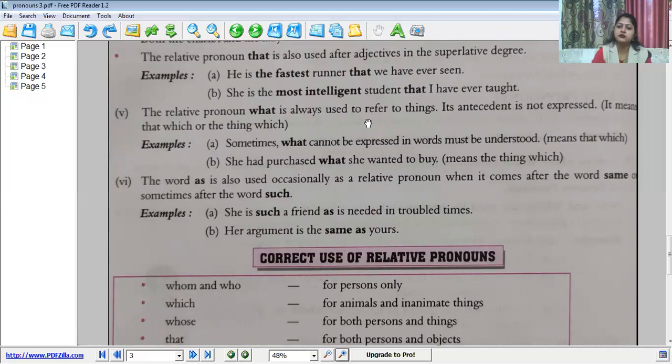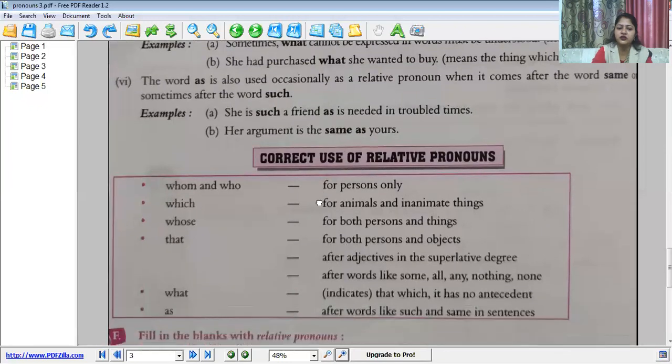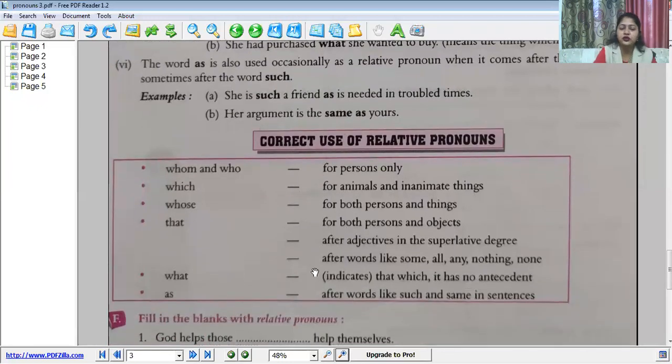Now, let's see the correct use of relative pronouns in one frame. You will use whom and who for persons only, which for animals and inanimate things, whose for both persons and things. That is again used for both persons and objects.